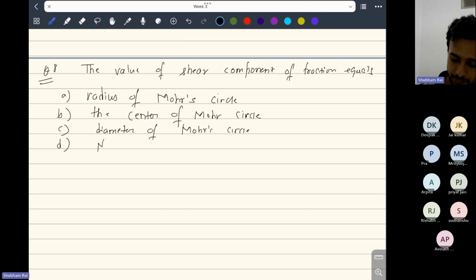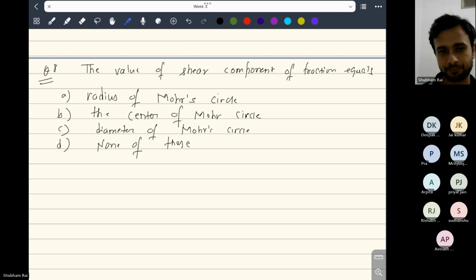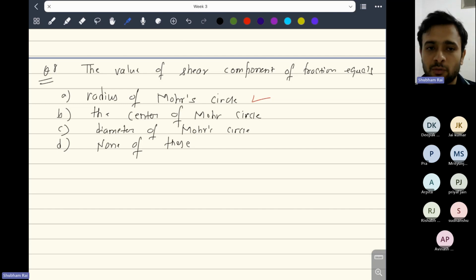And D, none of these. So obviously the answer will be this one, radius of Mohr circle, because from the radius of the Mohr circle only you will get the value of shear component of traction.